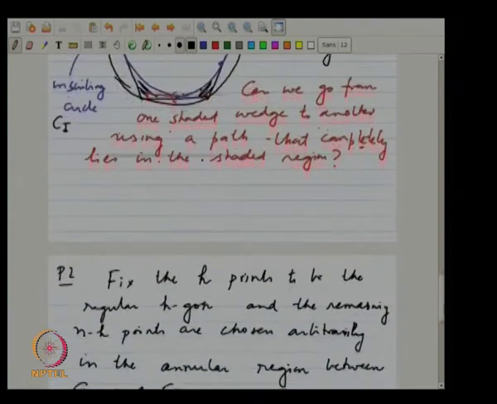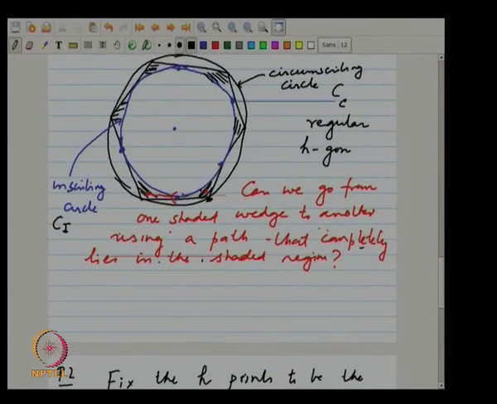So, these h points are fixed: 1, 2, 3, 4, 5, up to h. The remaining points cannot lie within this inscribing circle, and they are not allowed to be outside of the circumscribing circle. They have to lie in this annular region, the small ring between the inscribing and the circumscribing circle. So, this is how I am defining my input.